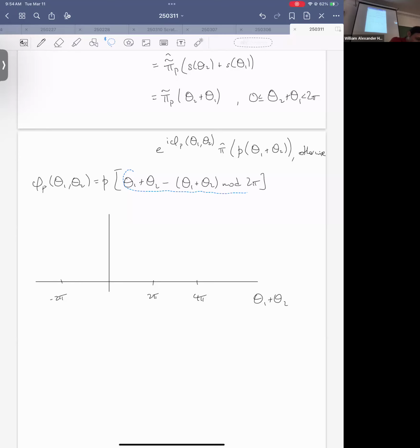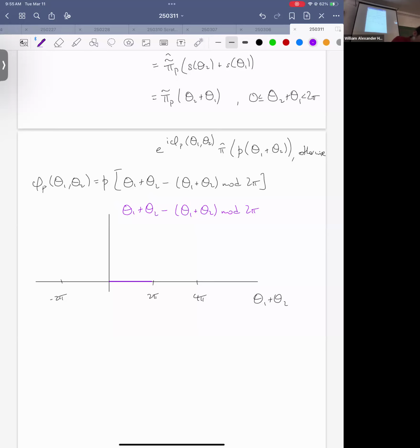I'm not multiplying by p. Then if I'm between 0 and 2 pi, I just get nothing.